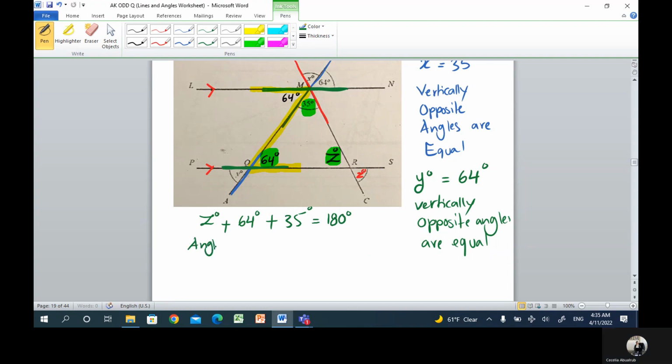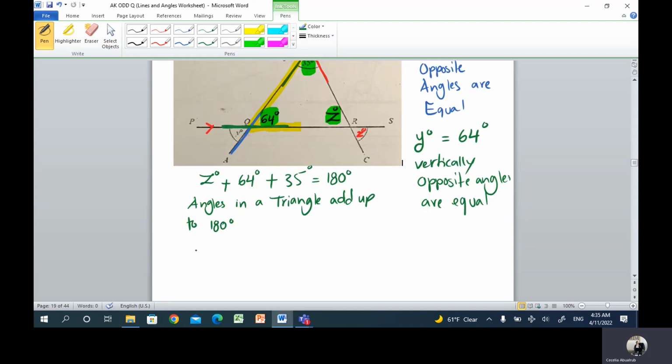Angles in a triangle add up to 180 degrees. And now Z plus 64 plus 35, they add up to 99.